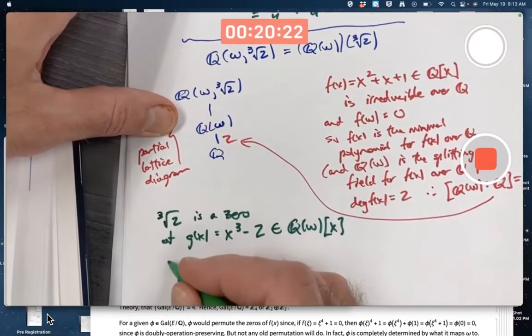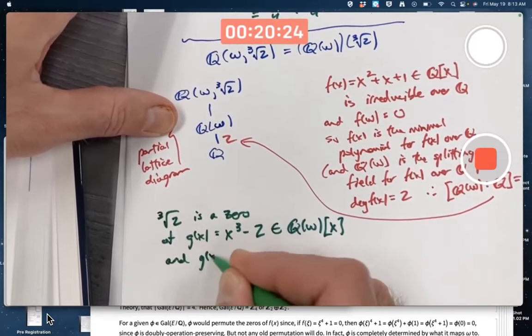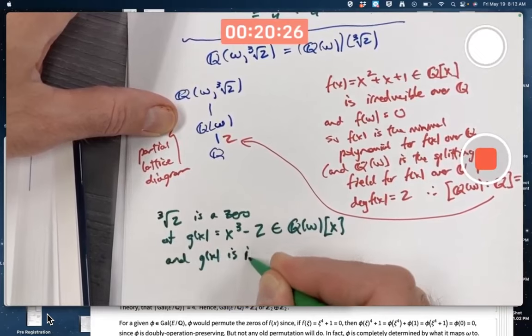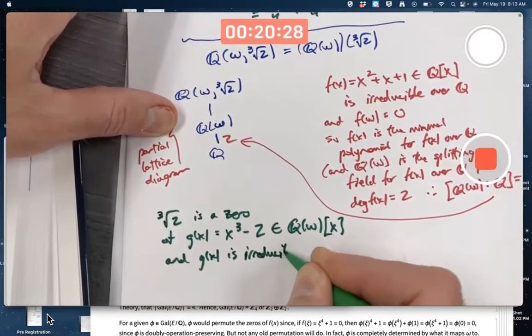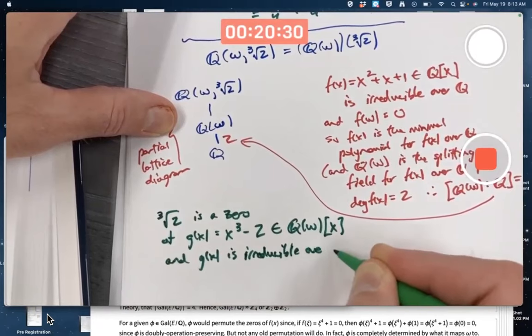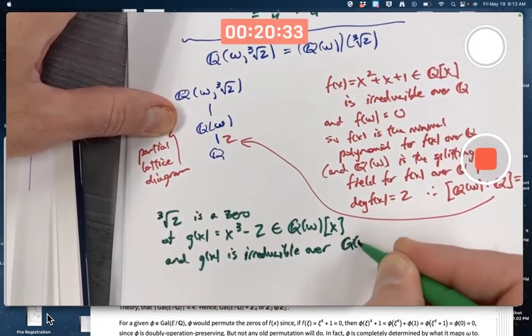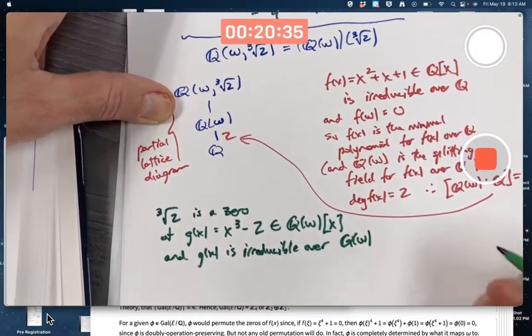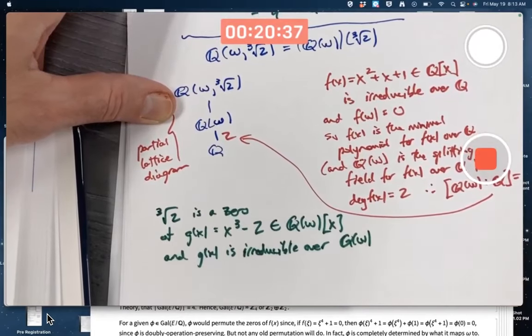And g(x) is irreducible over Q(omega). It's also irreducible over Q. Could we use one of our tests to prove that?